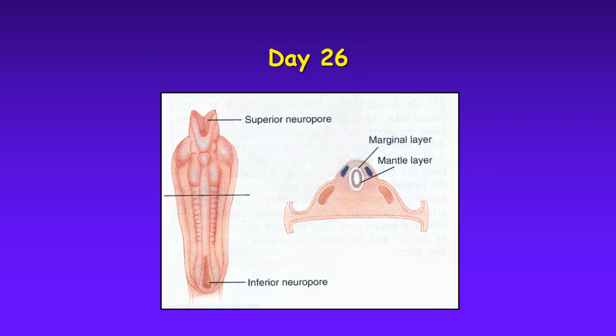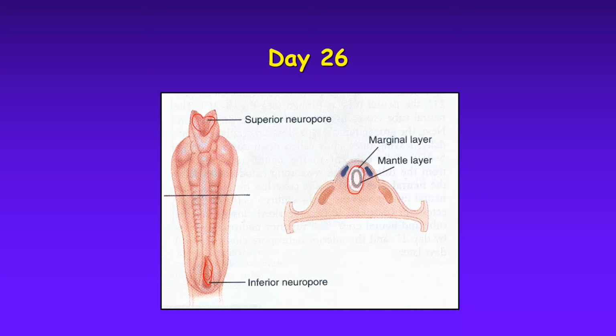So here's day 26, almost closed, still a little bit of opening of the neuropore, inferior and superior neuropore. At this point, at day 26, you can see our neural tube is differentiated into two layers. The marginal layer out here and the mantle layer right here.